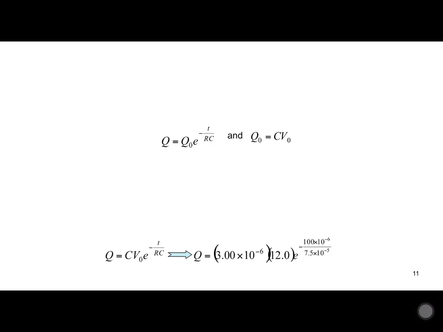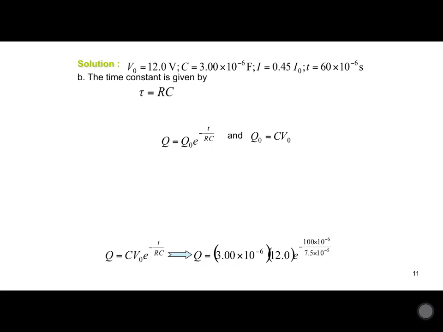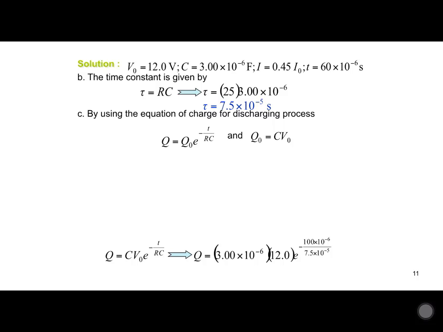For question B, the time constant is given by tau equals RC, and we already found our R, so we substitute in R with the given capacitance and we will get our time constant. Then for the value of Q when the charge on the capacitor at t equals 0, we will also use the discharging equation.